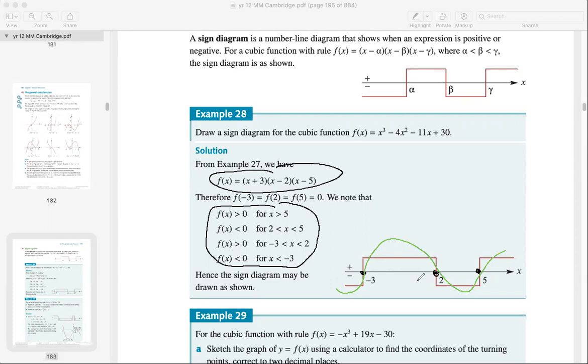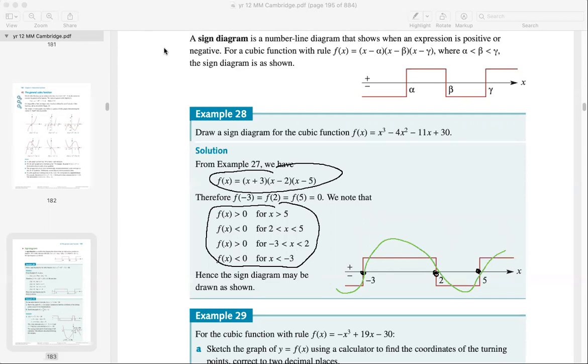Sometimes the sign diagram is required because the teacher wants to see if you understand what's going on here. But in most cases in our final year exam, they will directly ask us to sketch the graph, and you don't even need to show the sign diagram.